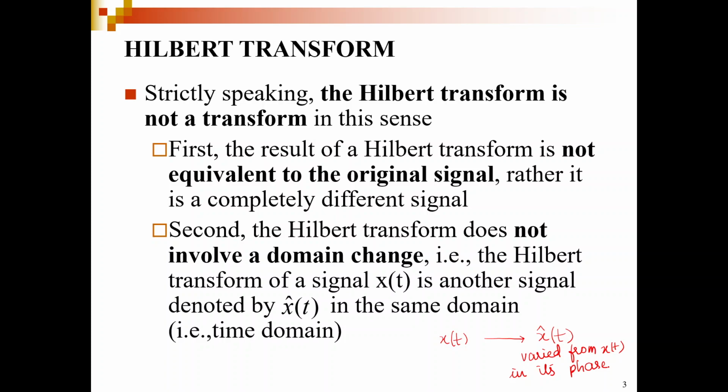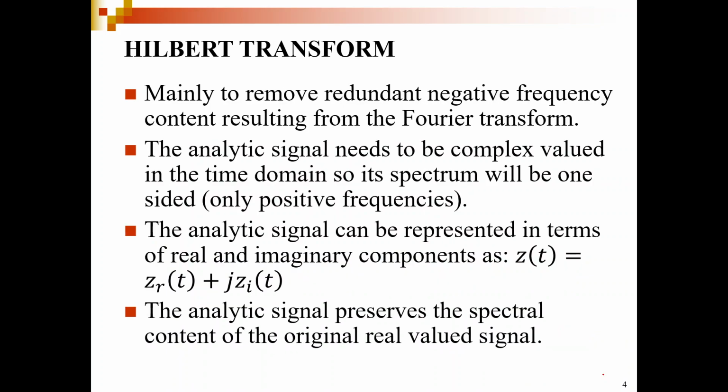So the x cap of t, or the Hilbert transform signal, will be in the same time domain, but its phase component or its phase nature will be completely different from that of the original signal x of t. So let us see why this is important.